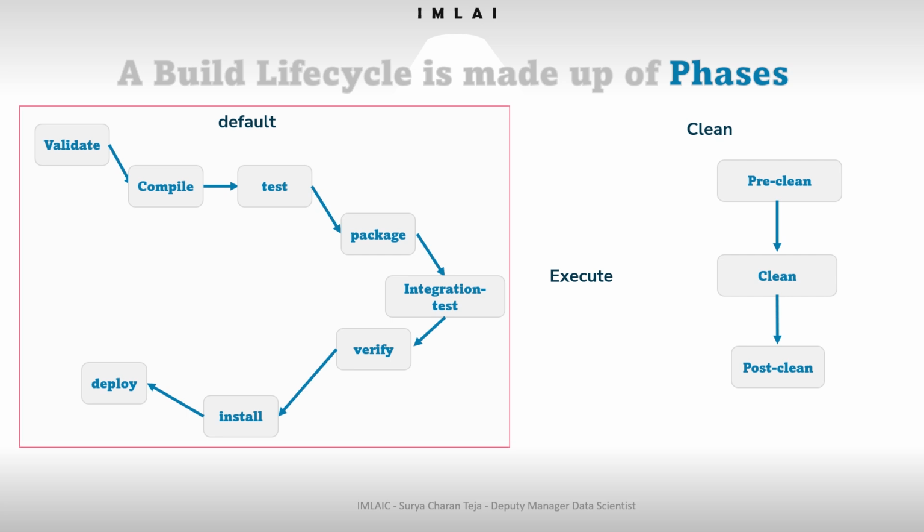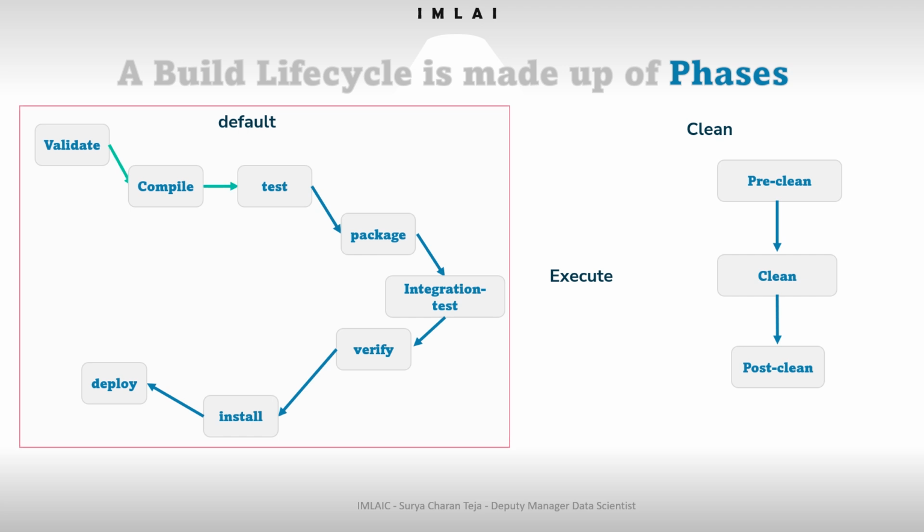Once the validation is done, then it goes to the compile. It compiles the source code of the project and converts that into byte code. Then once it's converted into byte code, it will go for the test.